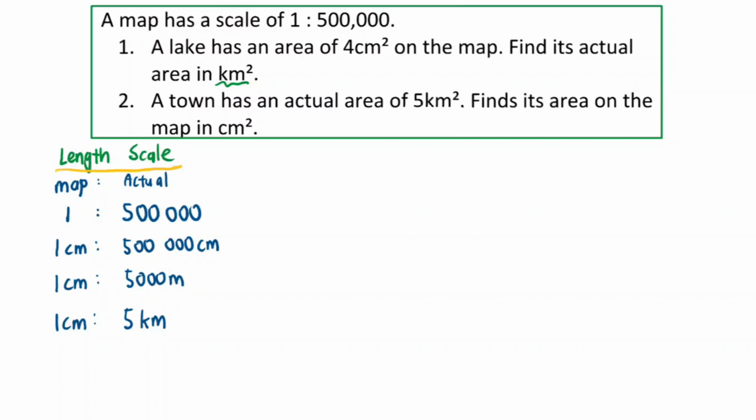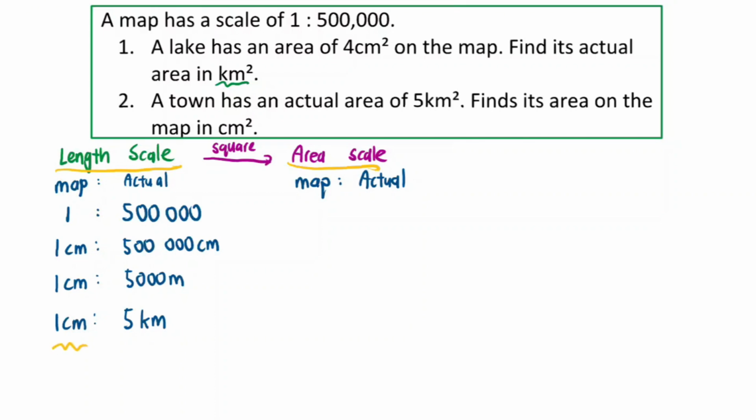So next, we need to get the area scale. How to get the area scale from the length scale is we just need to square the numbers and units on the length scale.